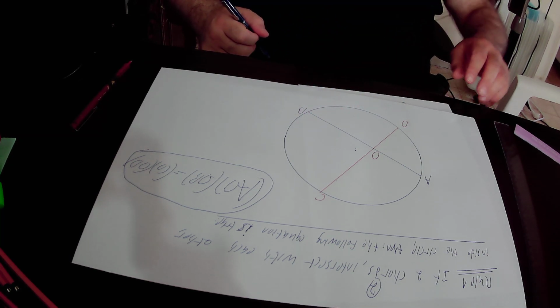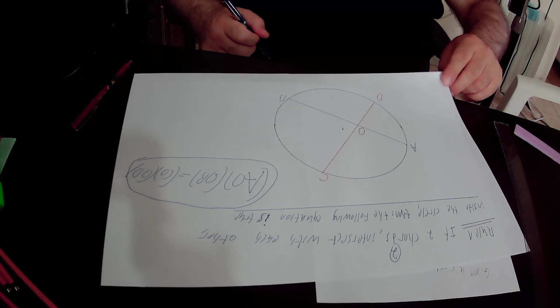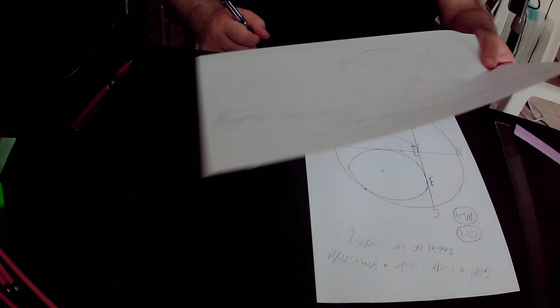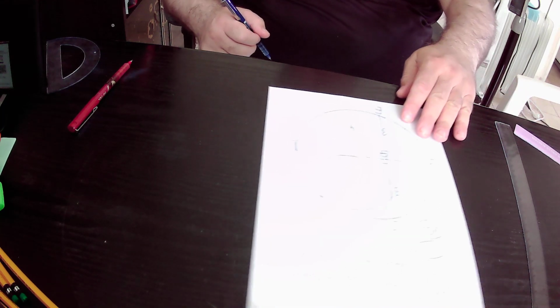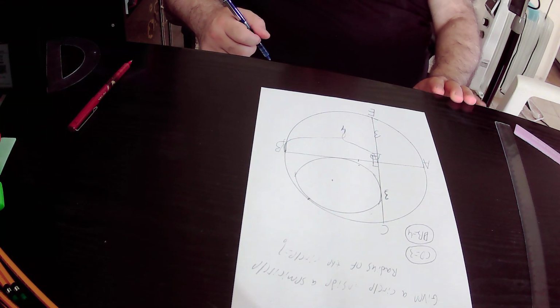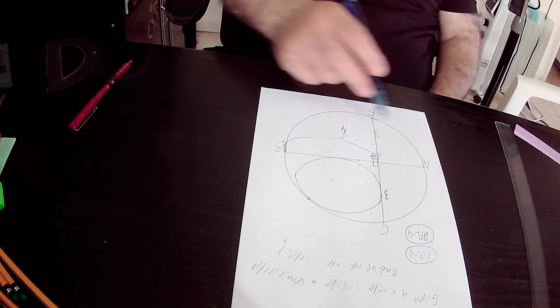So we can implement rule number 1 in our drawing, because in our drawing we have chord AB.